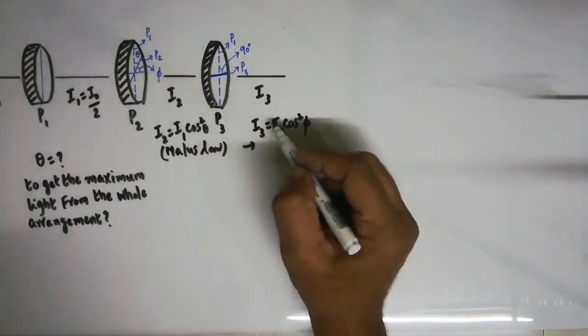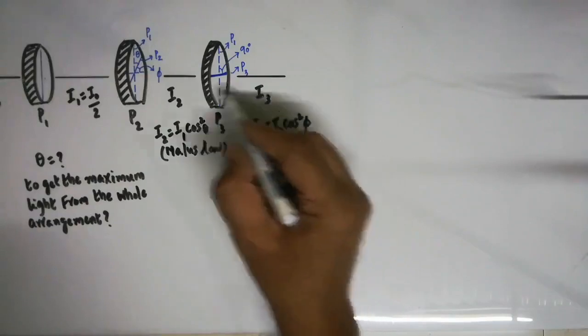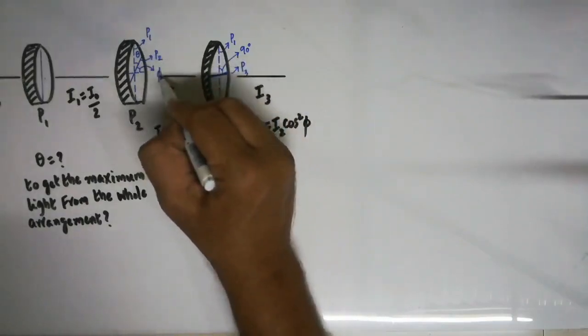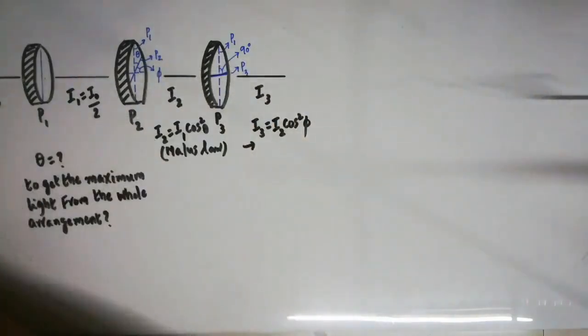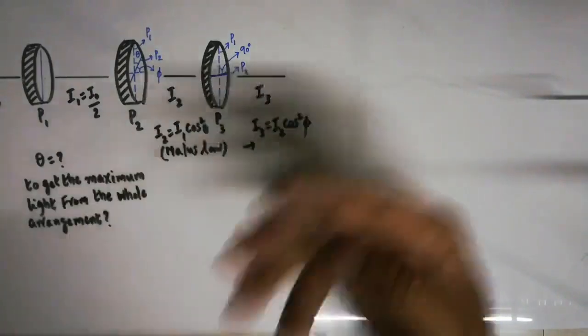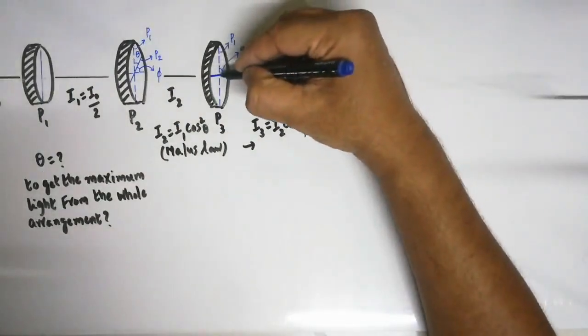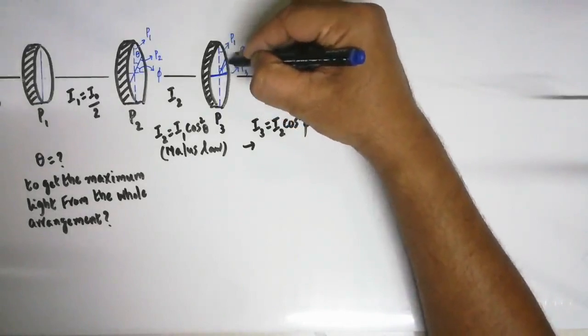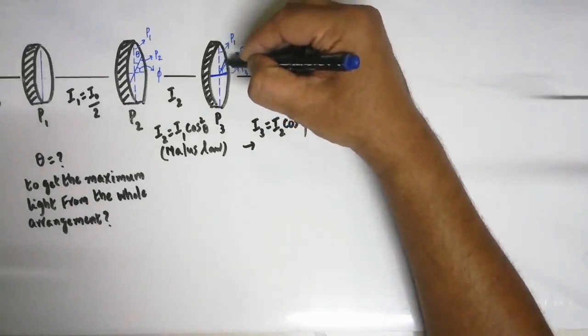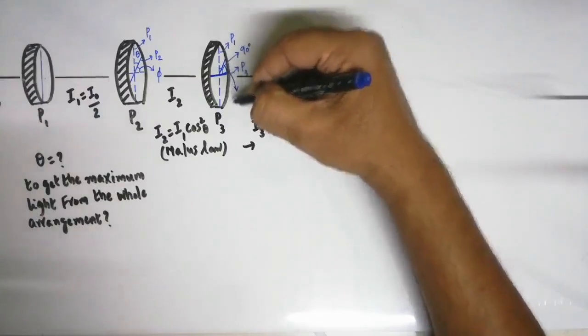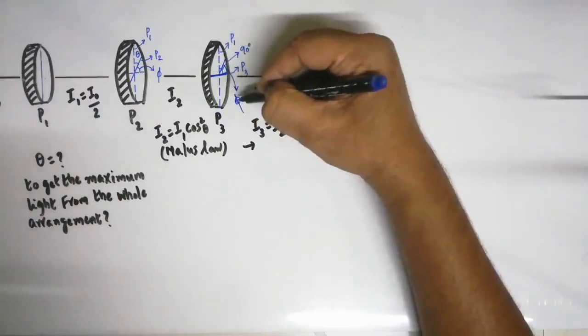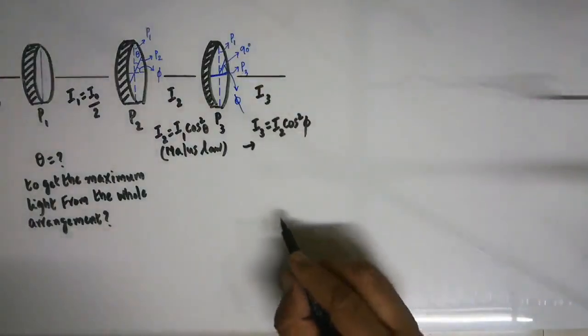The angle between the second polaroid and the third polaroid is taken as phi. Understood? So the third polaroid is rotated through an angle of phi.